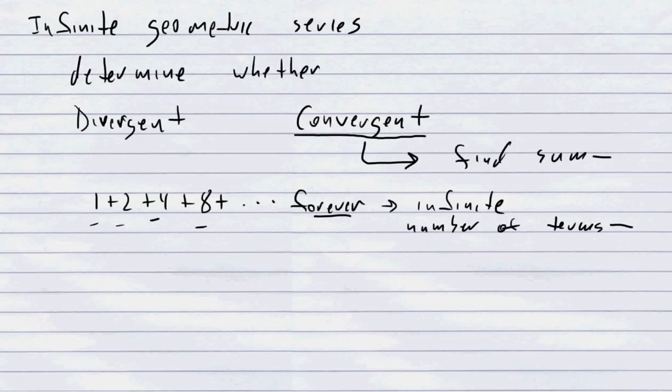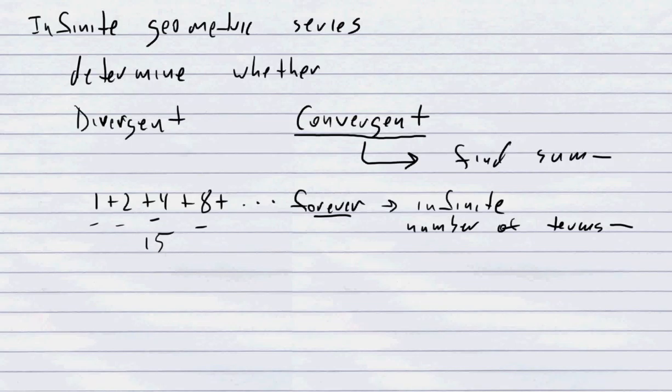That would be 15, right? Well, here's the thing. How do you get a sum if there's an infinite number of terms? How could there possibly be one exact number that adds up to? Well, the answer is sometimes there is and sometimes there isn't.